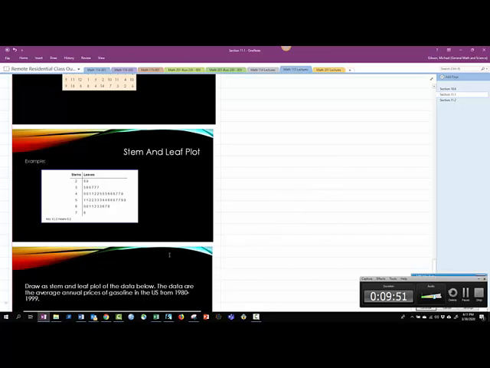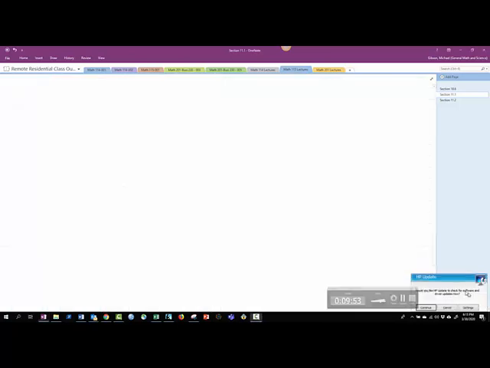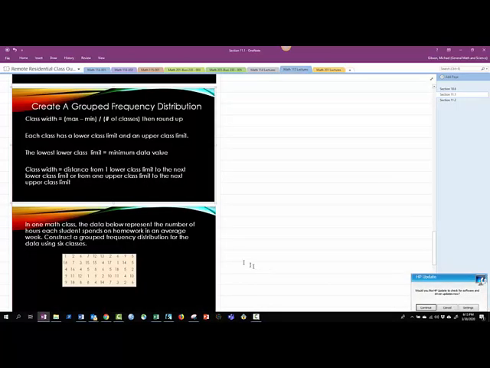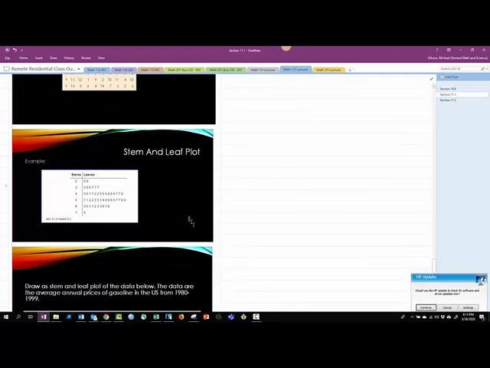And for a stem and leaf plot, okay, so here's what a stem and leaf plot looks like. So it's a table also. Stems on the left, leaves on the right.